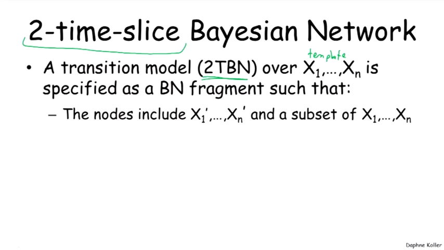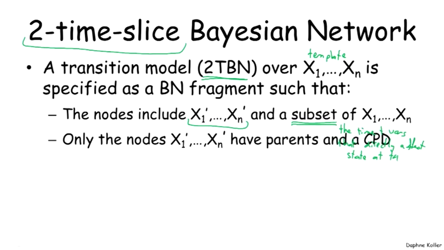The nodes have 2 copies: the next time state variables X1 prime up to Xn prime, and some subset of X1 up to Xn, which are the time t variables that affect directly the state at t plus 1.